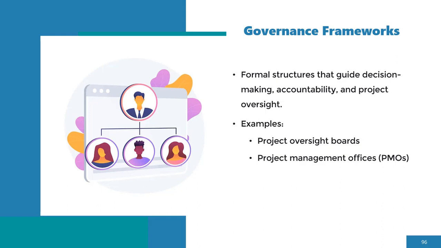We also have the project management offices. Most organizations, especially large organizations involved in complex projects, have what we call PMOs, project management offices. We mentioned this earlier. They are examples of governance framework which are also part of the organizational system.